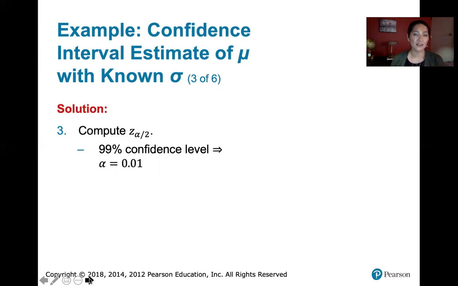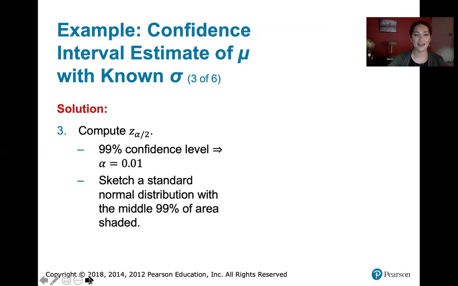That means alpha is the complement of that, so that's 1%, but 1% in decimal form is 0.01. Now we've got 99% of the values in the middle. We want 1% of the values in the tails, but we're going to split that. So you're going to have 0.5% of the area in one tail, and 0.5% of the area in the other tail.